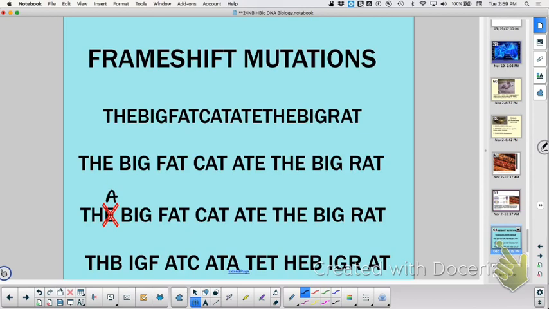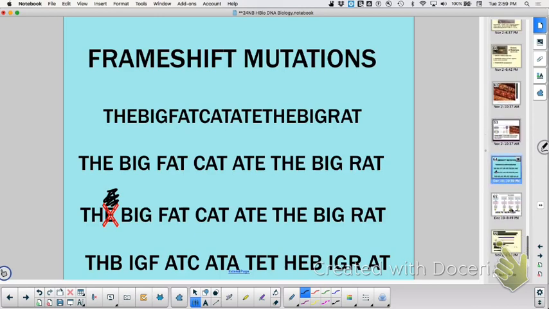The big fat cat ate the big rat, right? We could still read it and make sense of it. But I didn't replace it. I eliminated the E. So now my first codon, instead of being THE, is THB, which then throws off the next one and the next one: frame shift. So I've wrecked all of them. So frame shift mutations are really bad because they wreck every single codon.